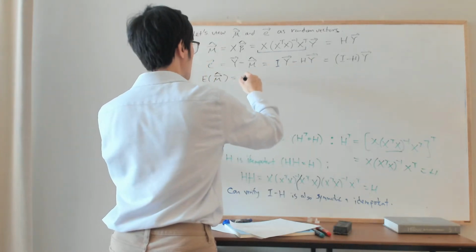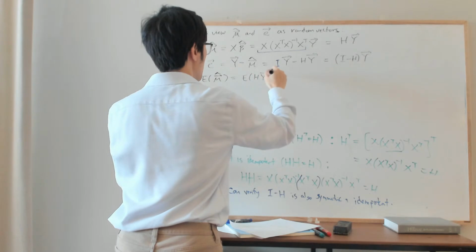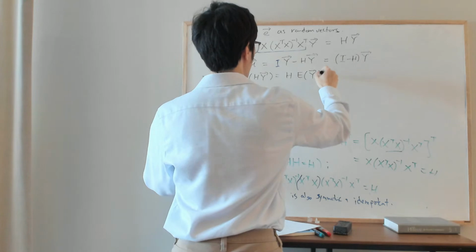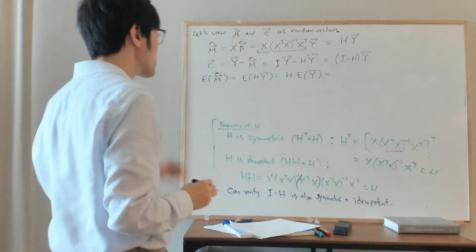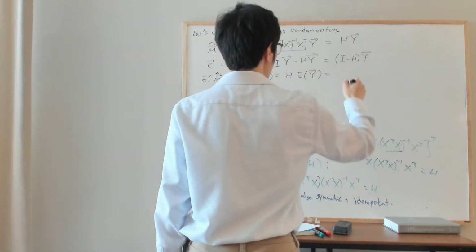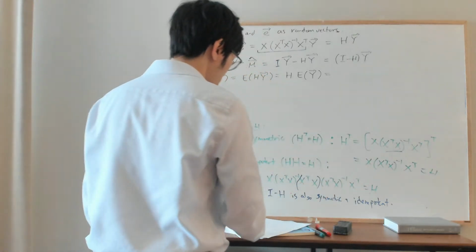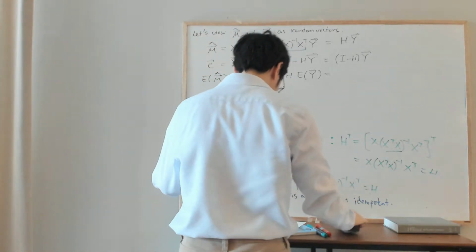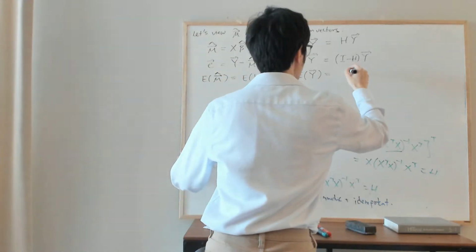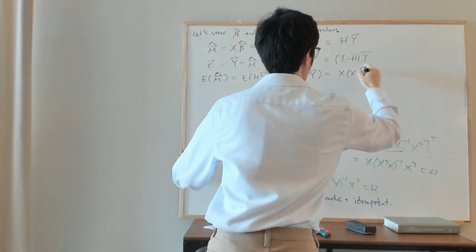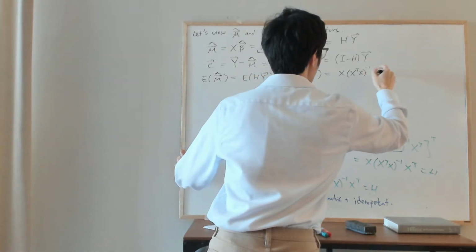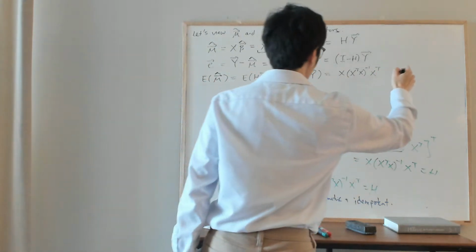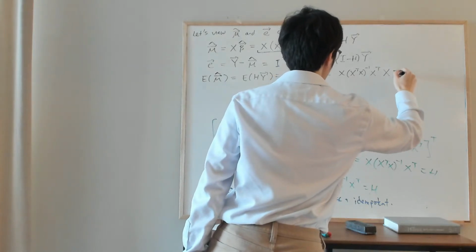So this is the expectation of Hy. We can factor out the H, do E of y, and what is the model mean for y? Well, that is simply X beta. H is X transpose X inverse X transpose, and E of y is X beta.